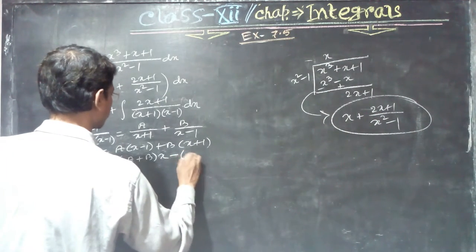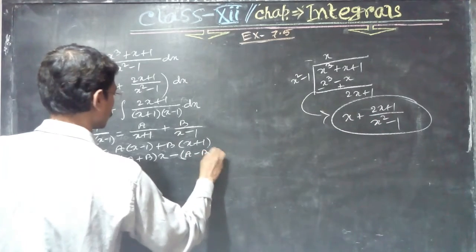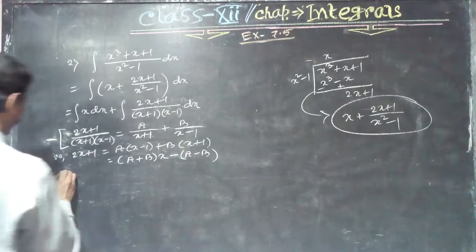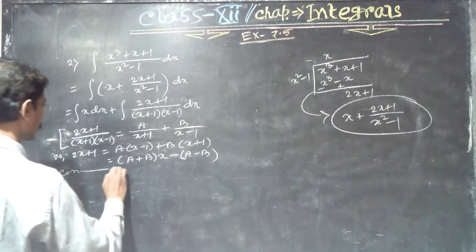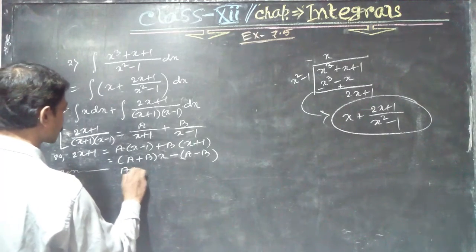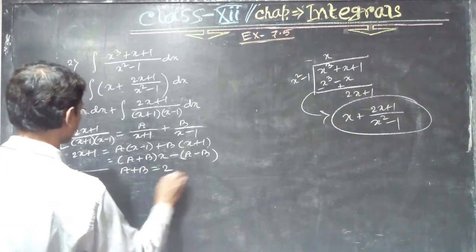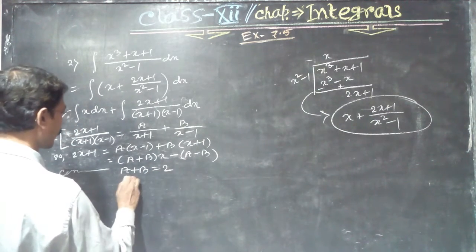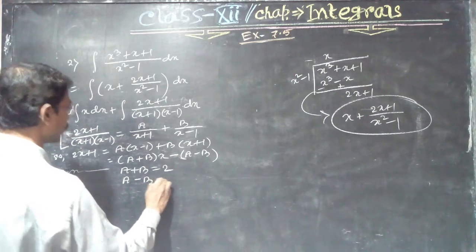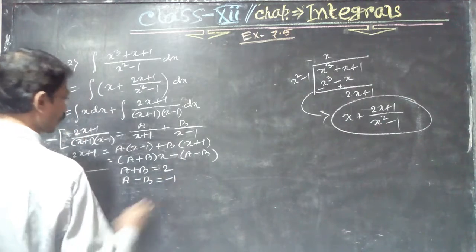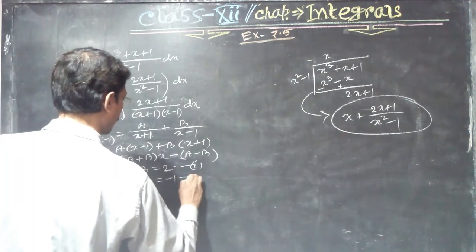Comparing both sides, what do you get? Now a plus b equal to 2, and constant term b minus a equal to 1, that means a minus b equal to minus 1. It is 1 and it is 2.